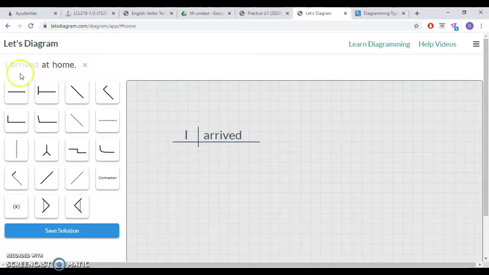This is an adverb. This is answering a question. Where did I arrive? At home. Okay, so grammatically speaking this is a prepositional phrase.